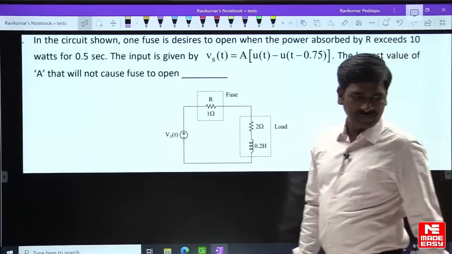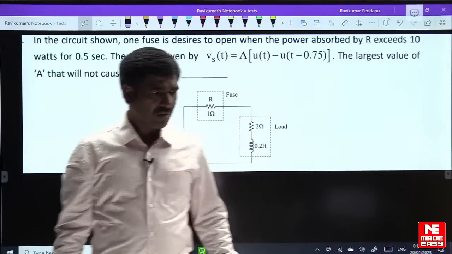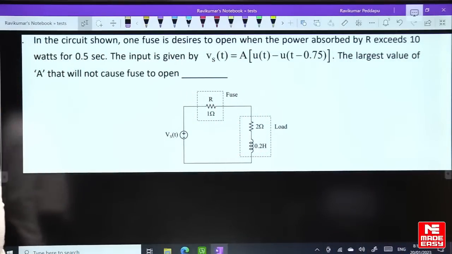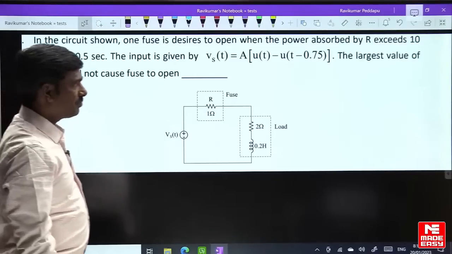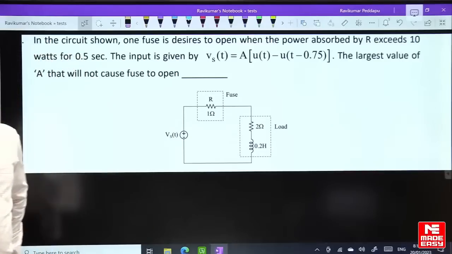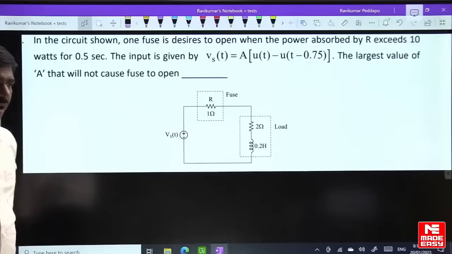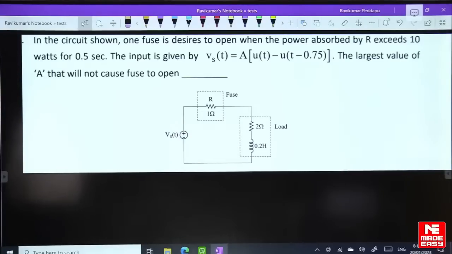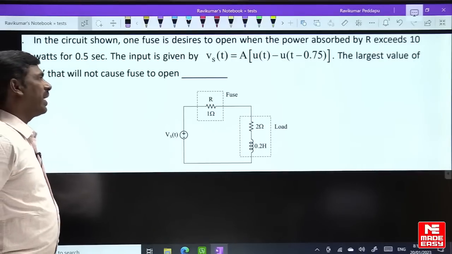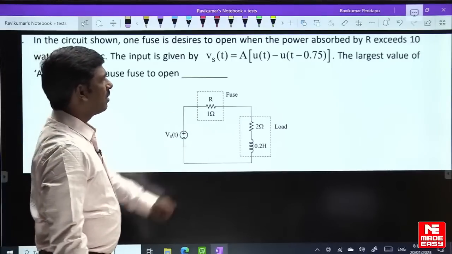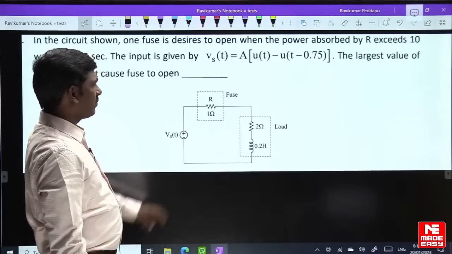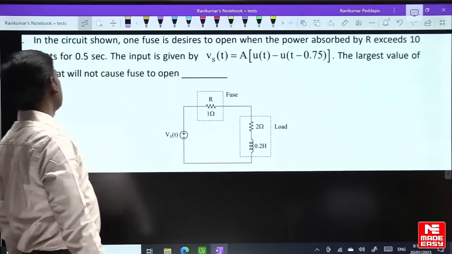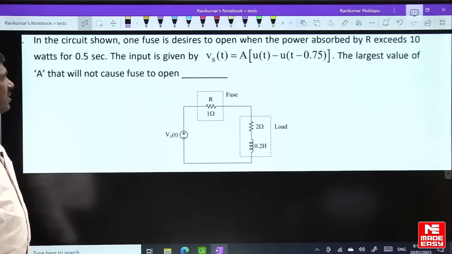Please read carefully. Take a screenshot. In the circuit shown, one fuse is designed to open when the power absorbed by R, which is this 1 ohm, exceeds 10 watts for 0.5 seconds.